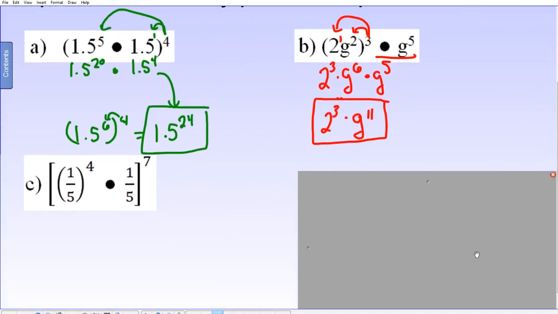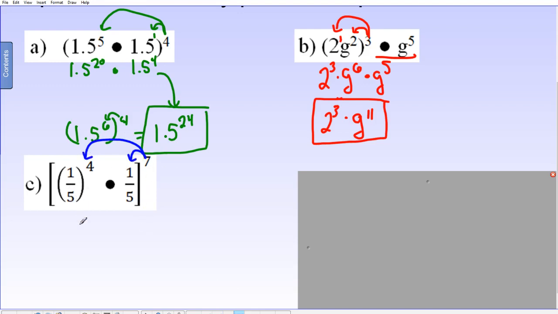One more that we're going to do together, then you're going to try one on your own. Letter C. Again, I see this outside exponent, and I'm going to distribute it to the inside exponents to get rid of them. So I'm going to distribute the 7 to the exponent of this, and distribute the 7 to the exponent of that. I'm multiplying exponents.